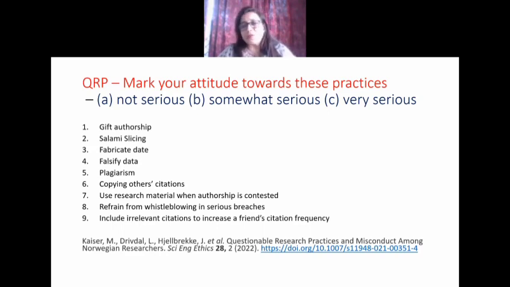Can I just see some of your responses specifically for anything if you want to? Two, 6, and 8. So you had considered not serious in a number of aspects, like gift authorship, fabricating.